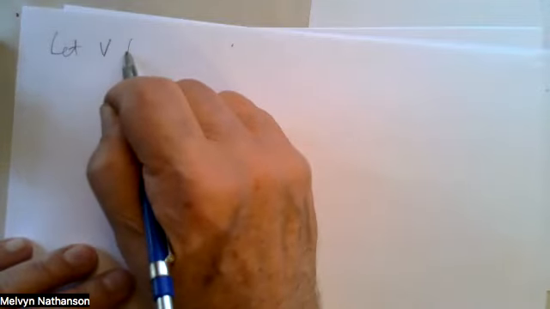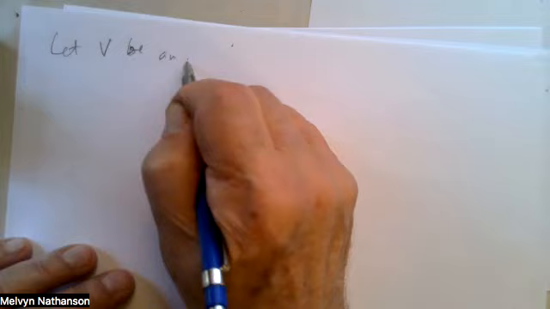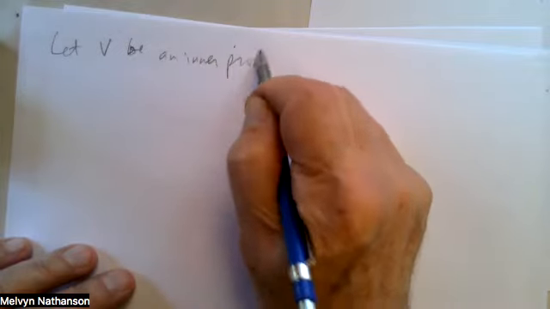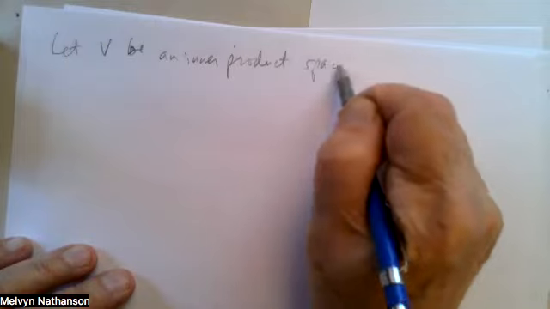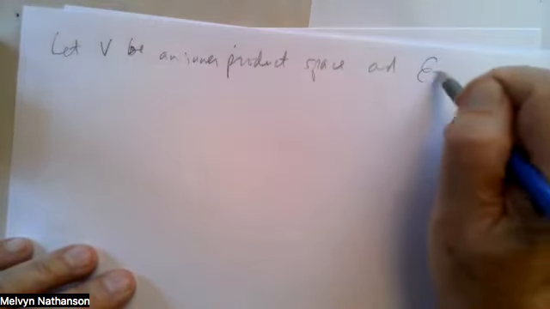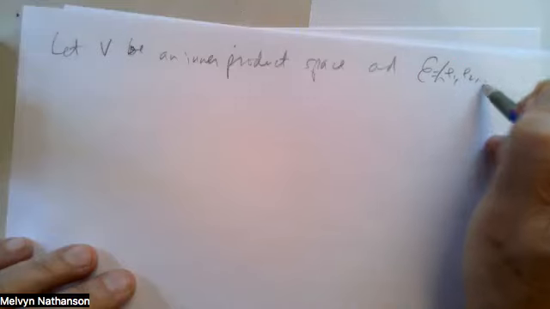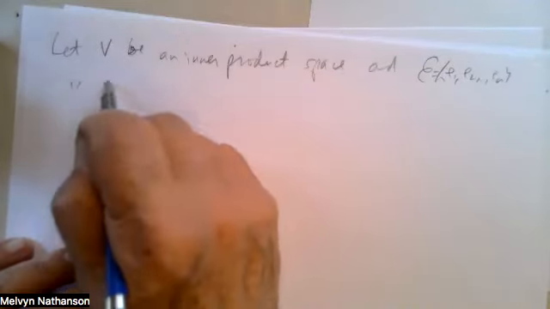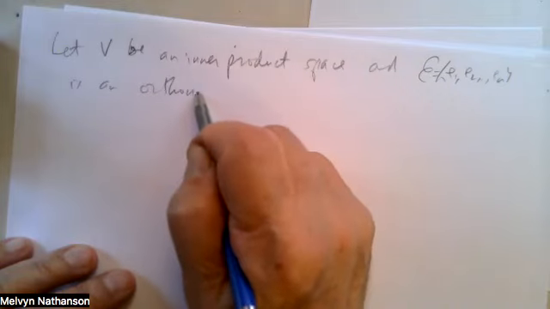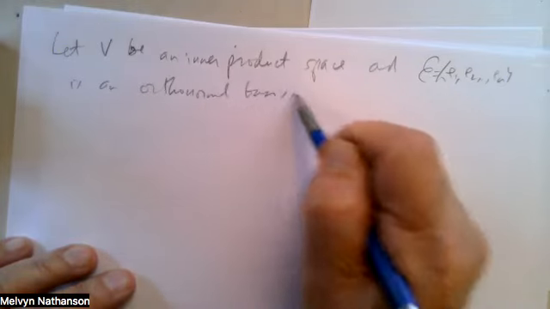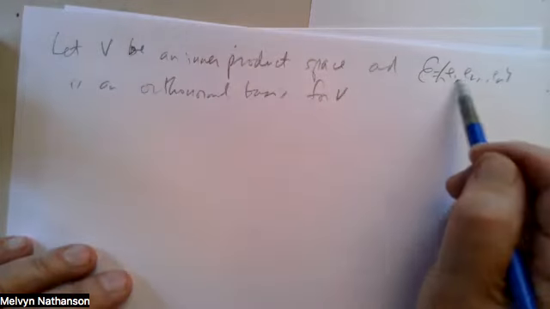Now, what's very nice is when you have a basis that consists of orthonormal vectors. So suppose V is an inner product space, and script E, let's say it's n-dimensional, is an orthonormal basis for V. So what does orthonormal mean?